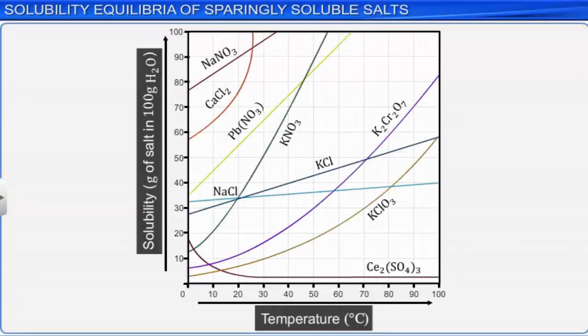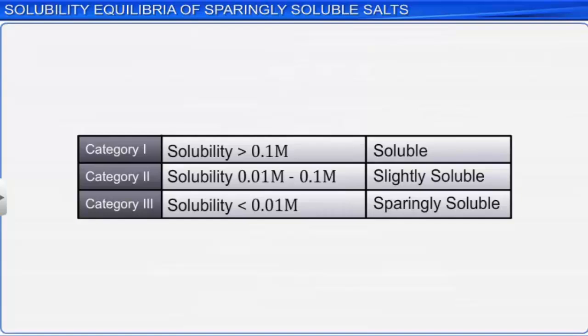We are familiar with the fact that each salt has its characteristic solubility at a given temperature. Depending on the extent of solubility, salts are classified into three categories. Salts with solubility greater than 0.1 moles per liter are considered to be soluble.